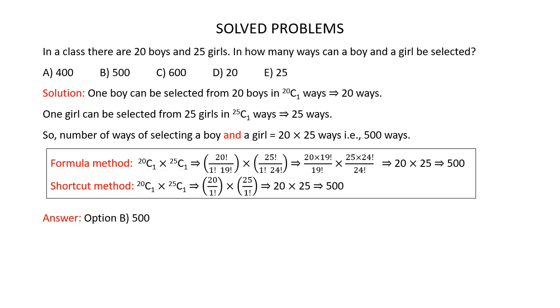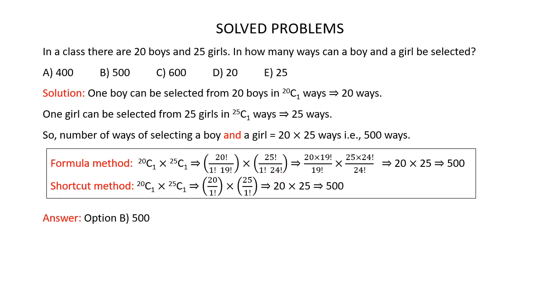So according to the formula, 20C1 is equal to 20 factorial divided by 1 factorial multiplied by (20 minus 1) factorial, which is nothing but 19 factorial, multiplied by 25C1, which is nothing but 25 factorial divided by 1 factorial multiplied by (25 minus 1) factorial, which is 24 factorial.